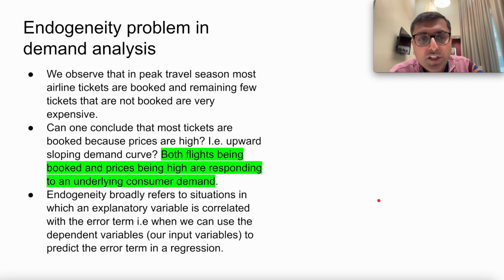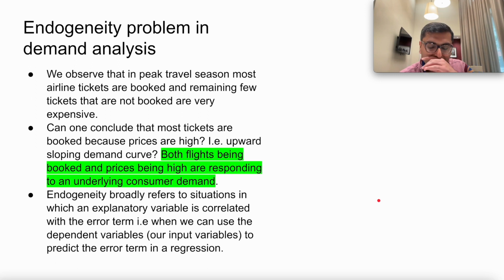In general, endogeneity refers to the situation in which an explanatory variable, in this case prices, is correlated with the error term. In this case, you could say, hey, there's a higher demand, right? So when you have that, you can say that there is endogeneity.